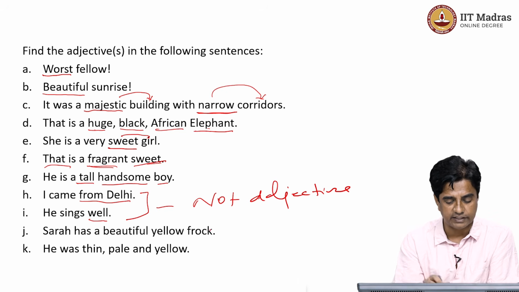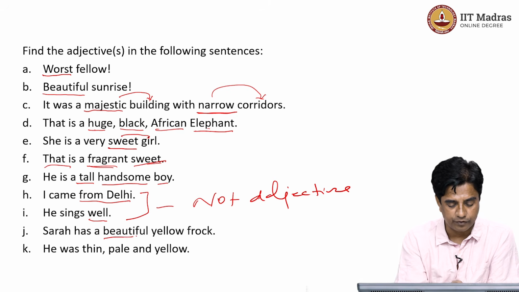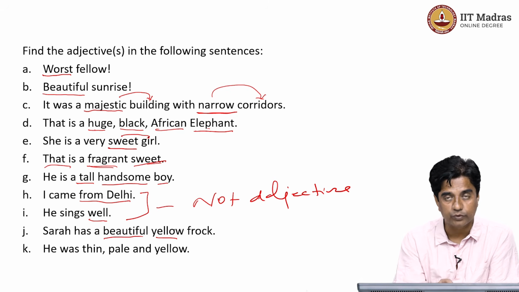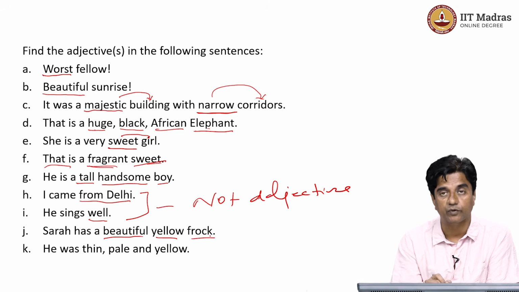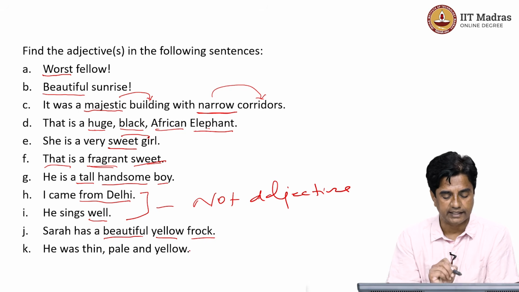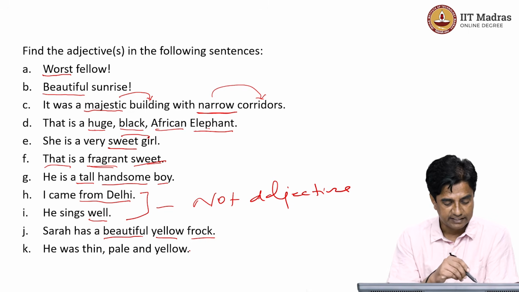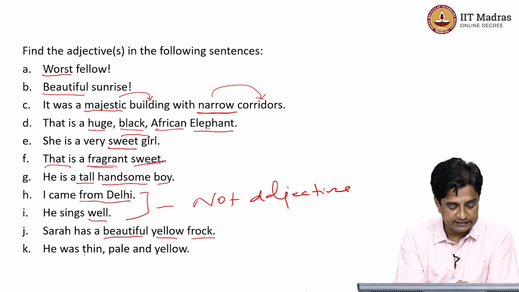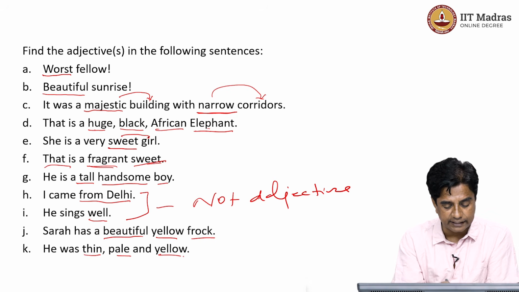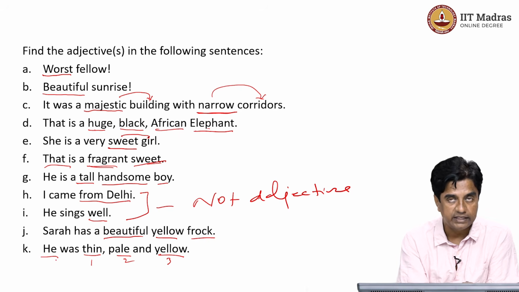Sarah has a beautiful yellow frock. Again, beautiful and yellow are both adjectives modifying the noun frock. She was thin, pale, and yellow. Remember the last sentence that we discussed? Thin, pale, and yellow, all three of them modify the pronoun she.